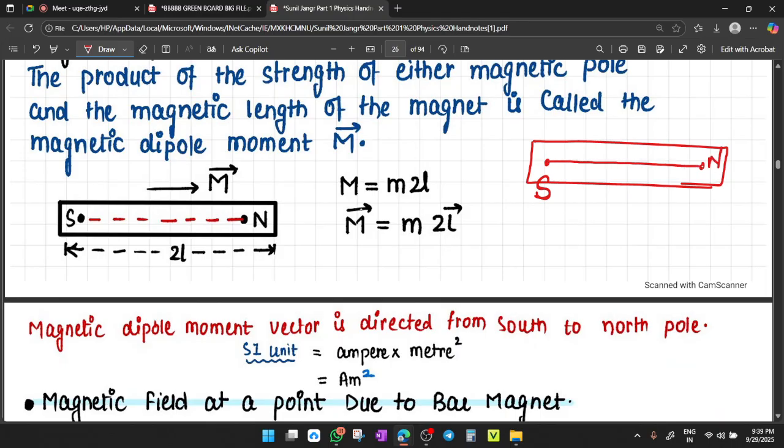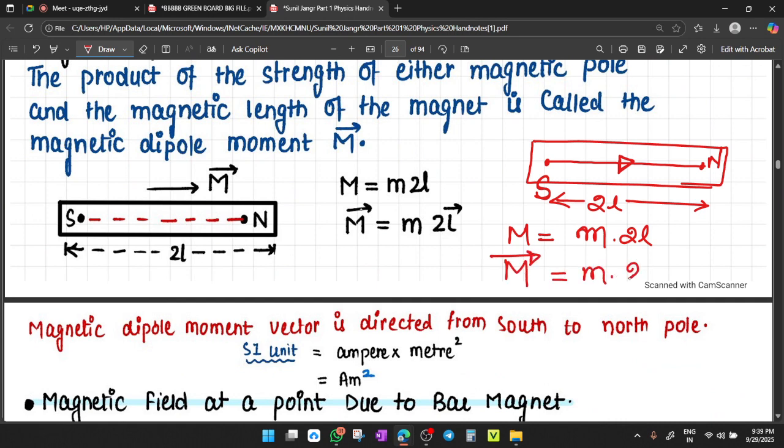So obviously the direction of the magnetic dipole moment is in the direction of its length 2l. The magnitude of the magnetic dipole moment is the pole strength m into 2l. In vector notation, M vector equals m multiplied by 2l vector, because the magnetic dipole moment is oriented from south to north, in the direction of the effective length. Clear? So capital M equals m into 2l.